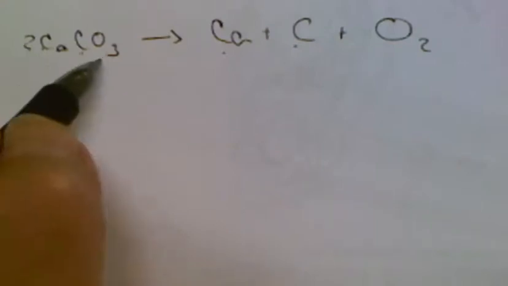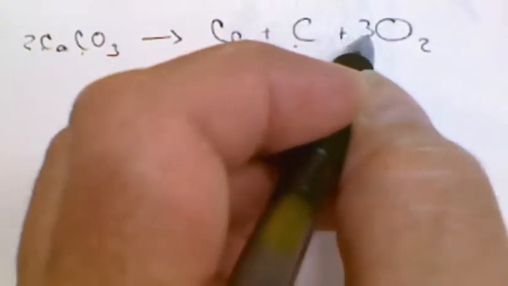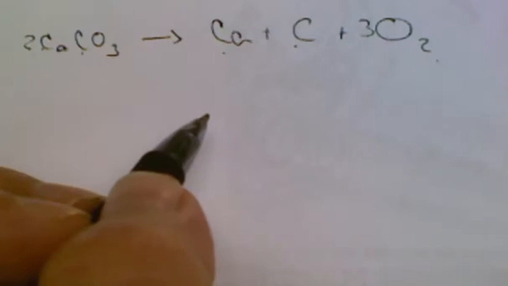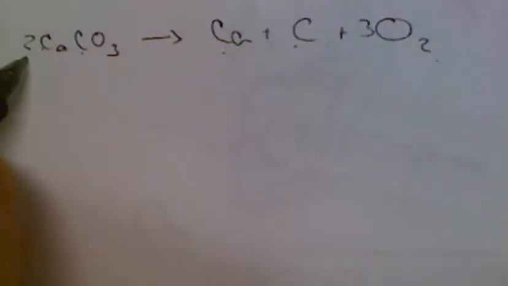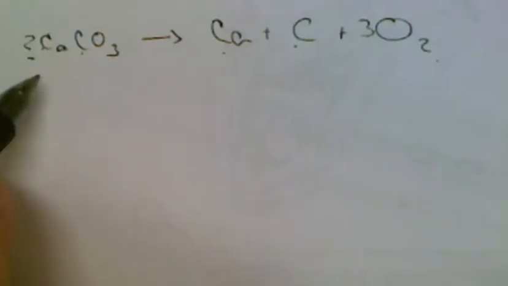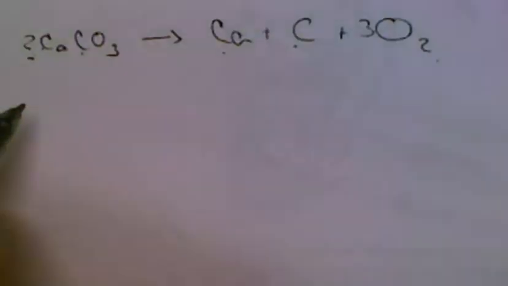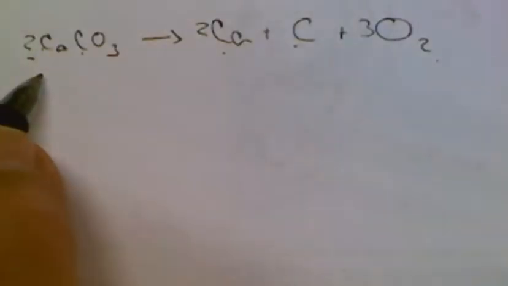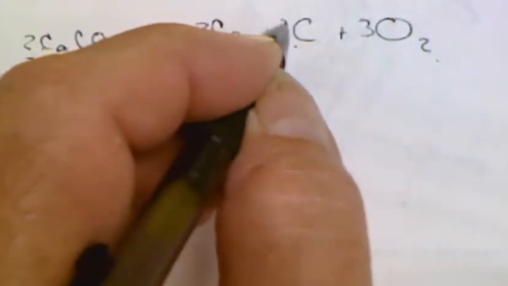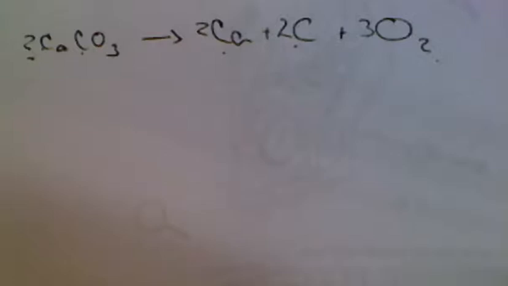So 2 times 3 will give me 6, and over here, 3 times 2 will give me 6. So I've got my oxygens balanced. Of course, now, after I've added that 2 in front of this molecule, I need to balance these as well. So I'm going to say that I have 2 calciums, and then I'm also going to need 2 carbons that are associated with that. So I have balanced my calcium carbonate.